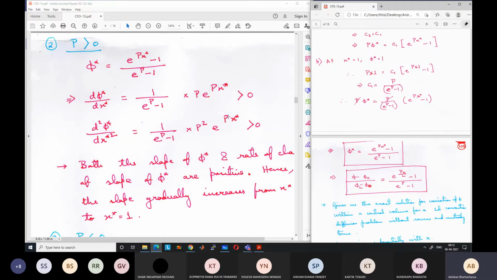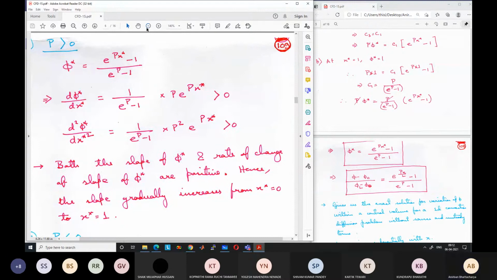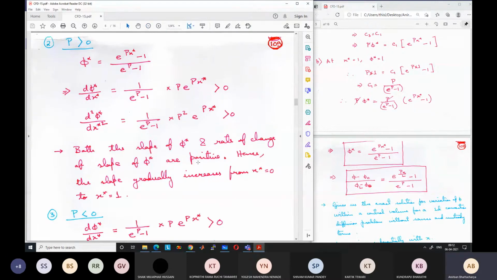So the entire term is positive. It means that the change in slope is also positive for any value of x star between 0 and 1. So both the slope of phi star and the rate of change of slope of phi star are positive.